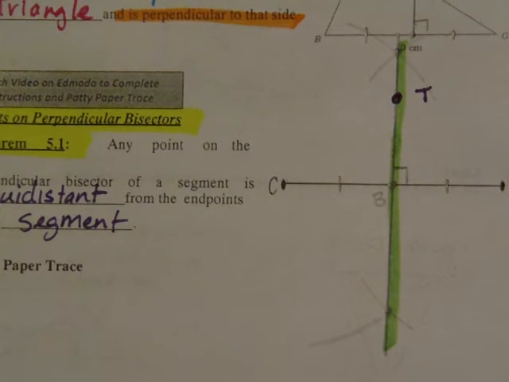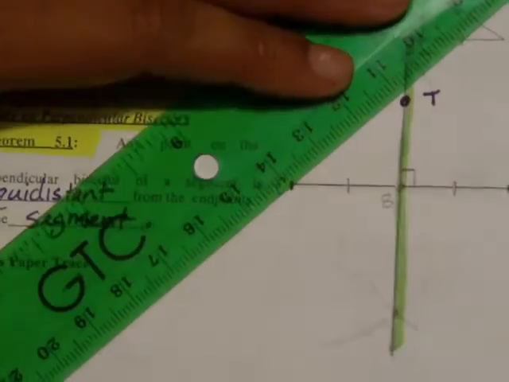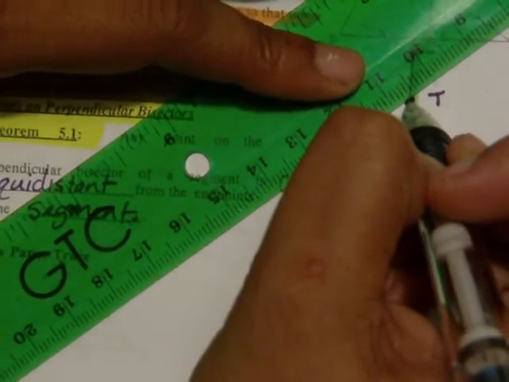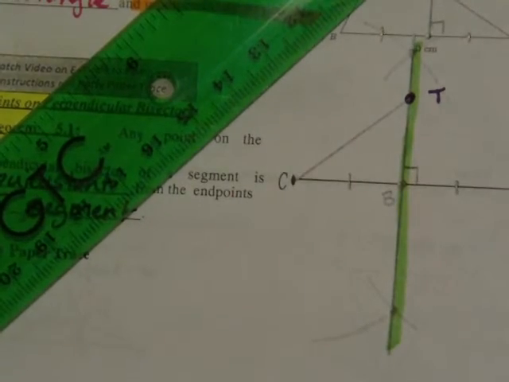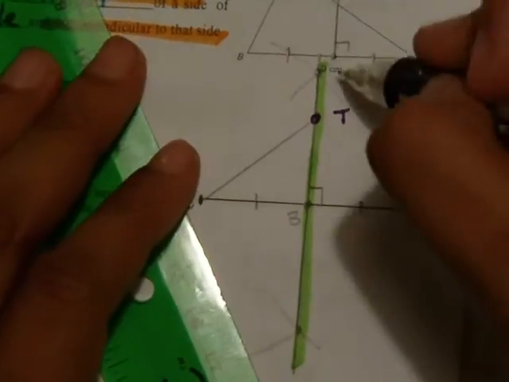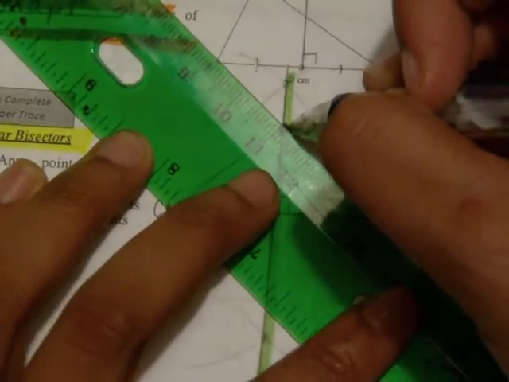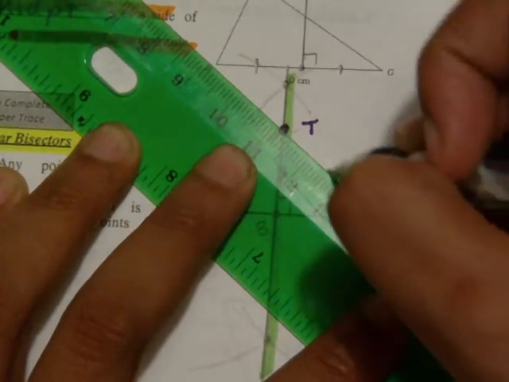So I'm going to draw a segment from T, with my pencil, to my endpoint C, just like that. And I'm going to do that on both sides, so from T to D. Make sure this is lined up correctly.